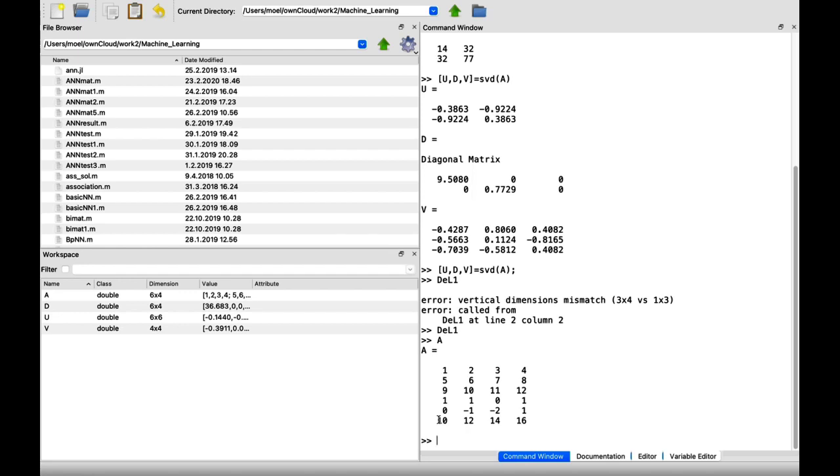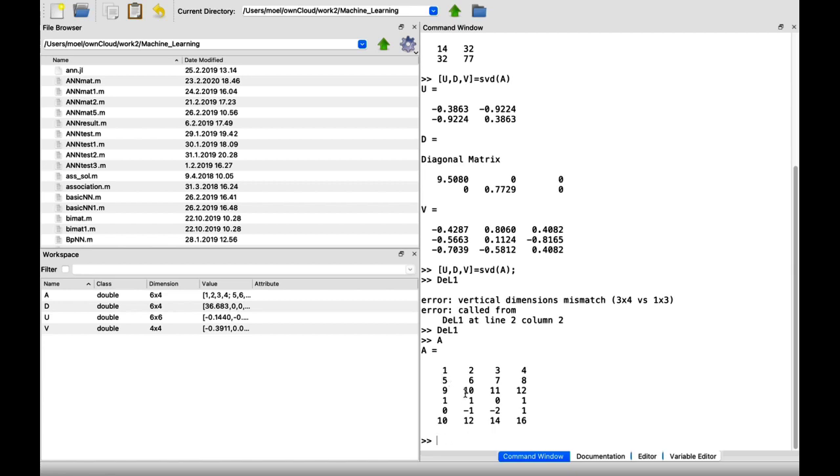Okay, so if we look at the decomposition of this matrix with the singular value decomposition, now we have the matrix U. What do you think will be the dimension of matrix U? Yes, the dimension of matrix U should be 6 by 6.